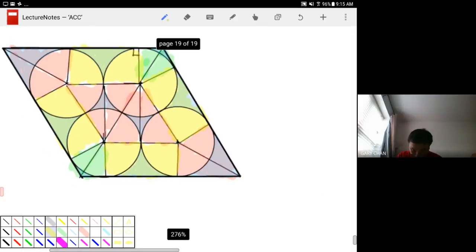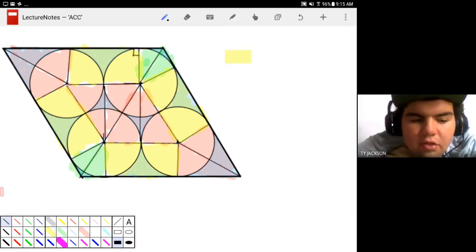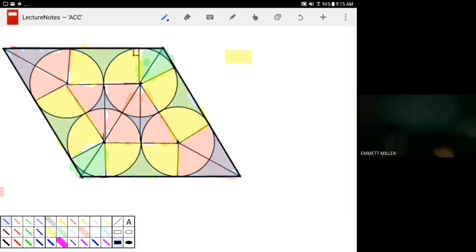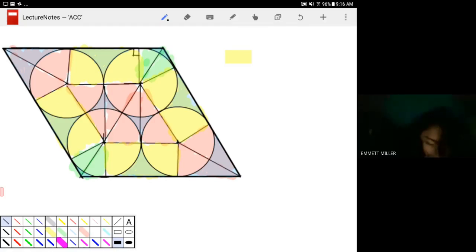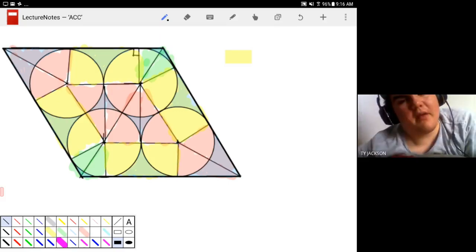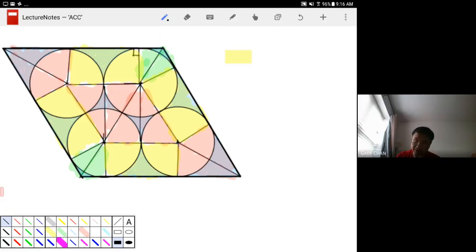All right. So I want to start off by doing the easiest one. Yellow. What's the area in yellow? Not 360. I'm talking about the area now, right? What's the area in yellow? It's base times height.